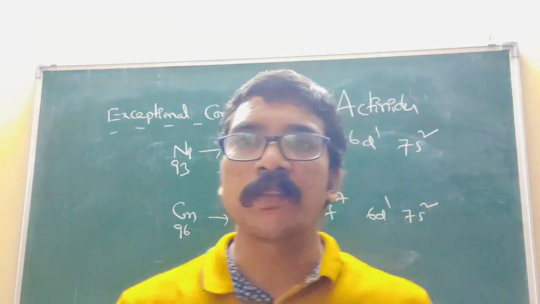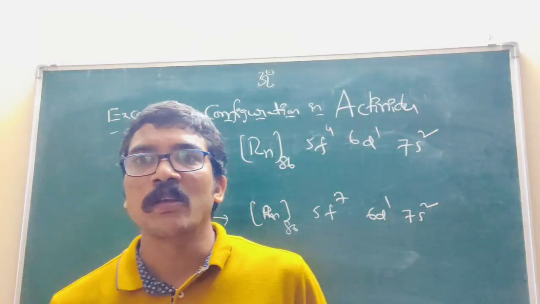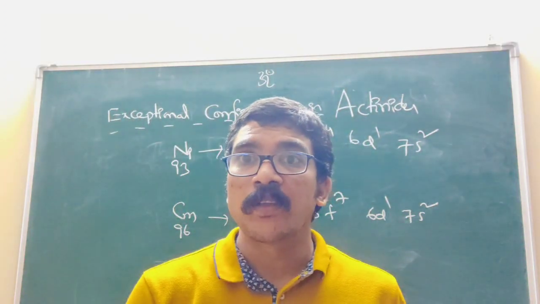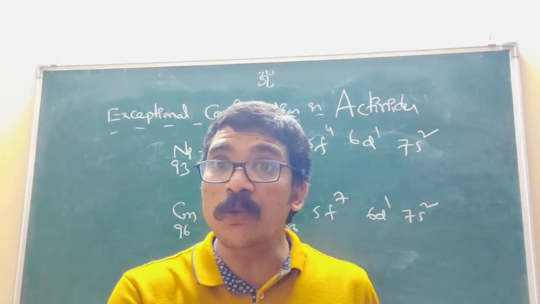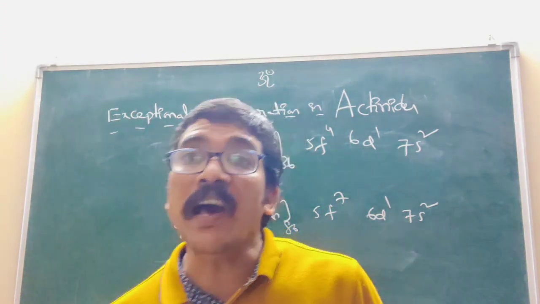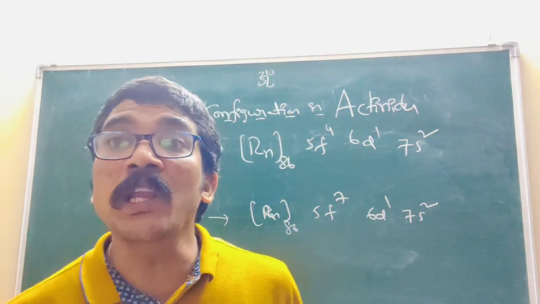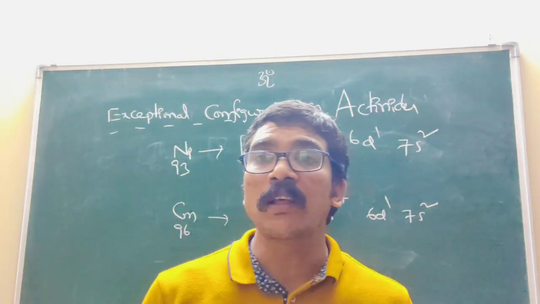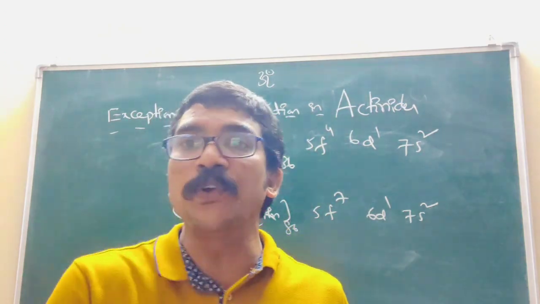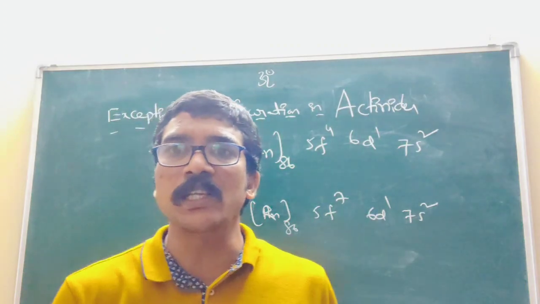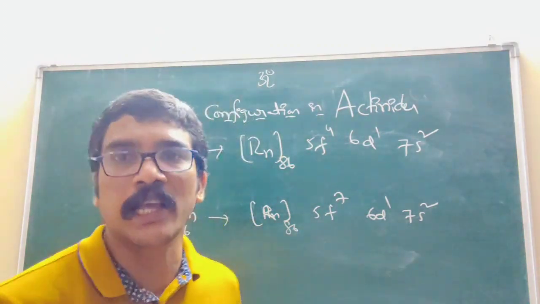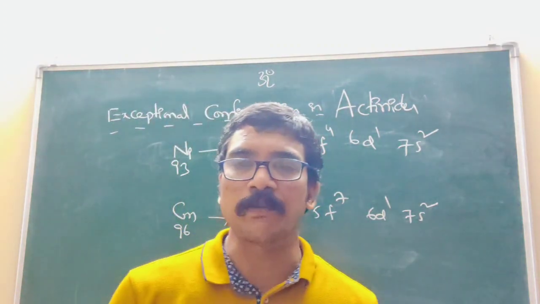98 californium, 99 einsteinium, 100 fermium, 101 mendelevium, 102 nobelium, 103 lawrencium. Nobelium also 5f14, lawrencium also 5f14. The difference is 5f14 6d1 is there in the case of the last element lawrencium.